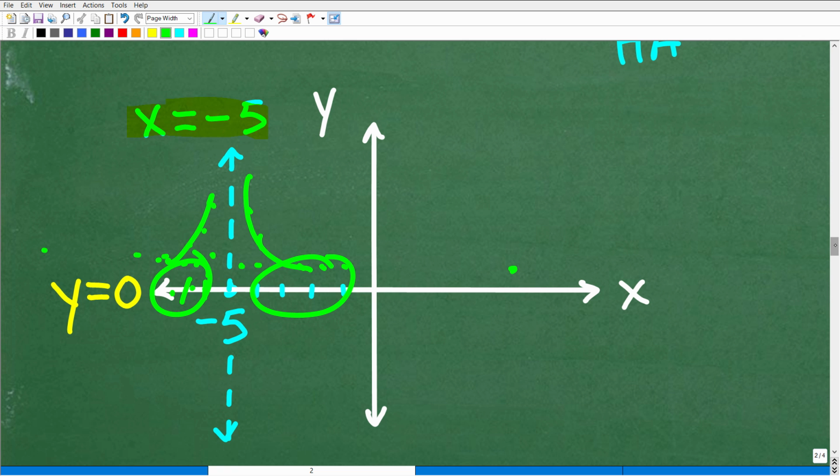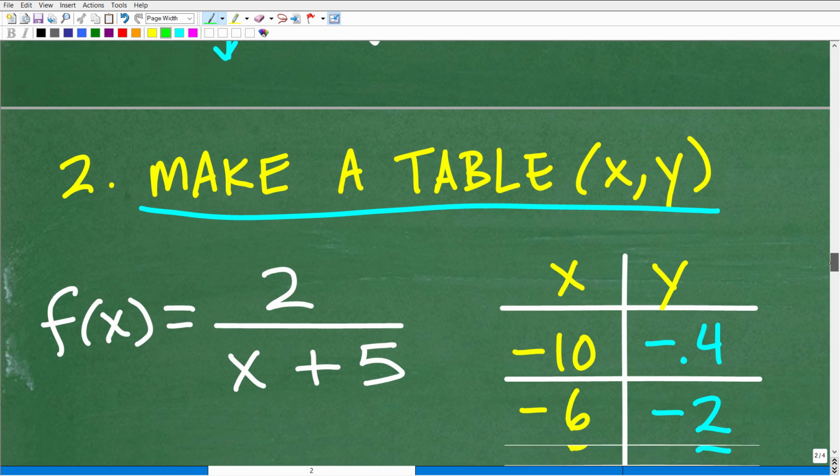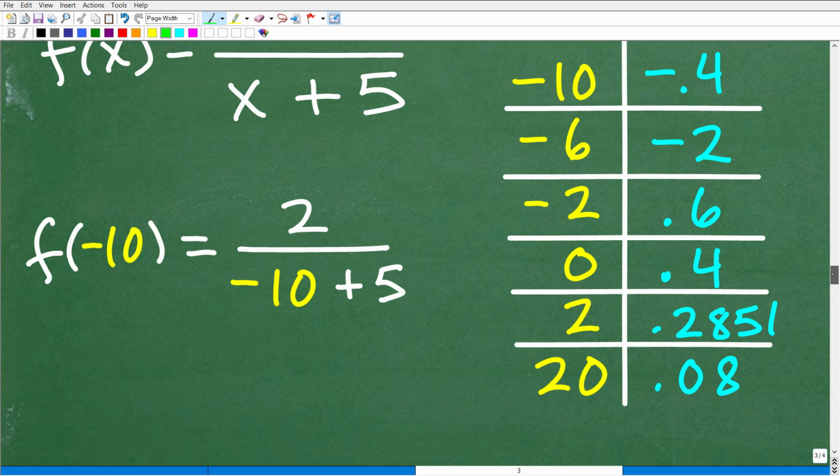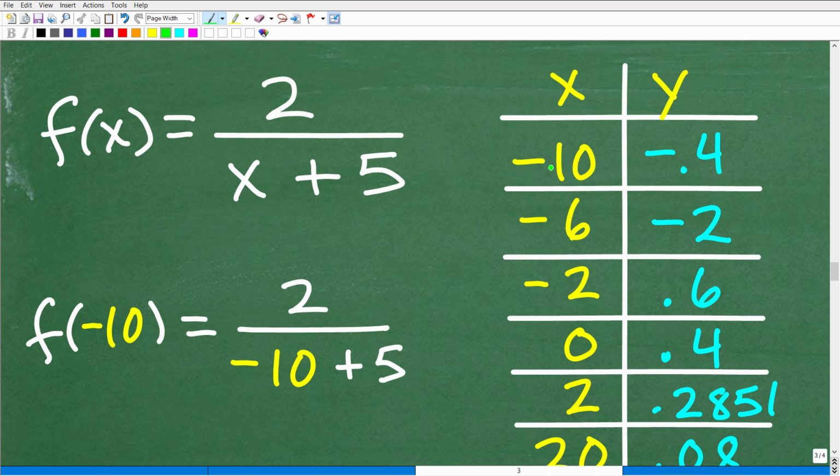Again, I'm just showing a quick example of how to do this problem. So here are my x values, right? I just made these up. So x is -10, -6. In other words, we're going to find the y value for x is equal to -10, -6, -2, 0, 2, and then 20.